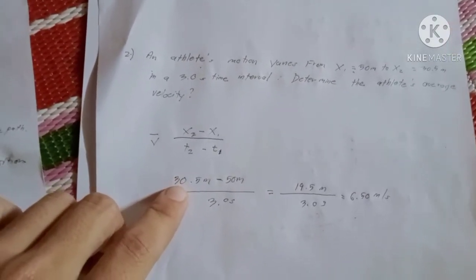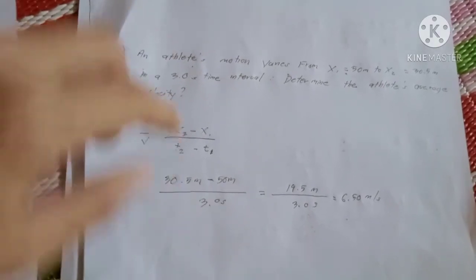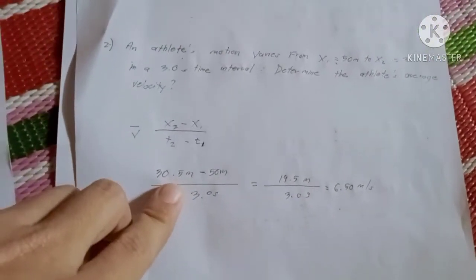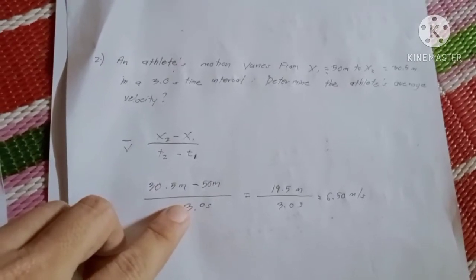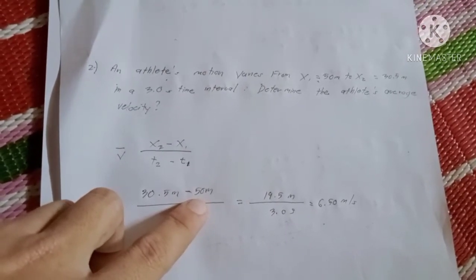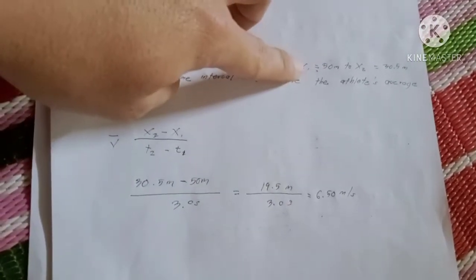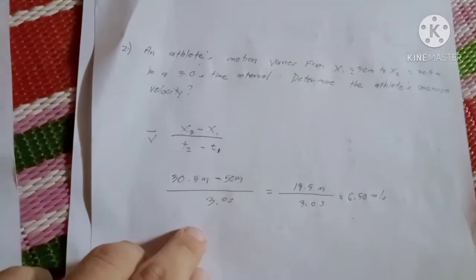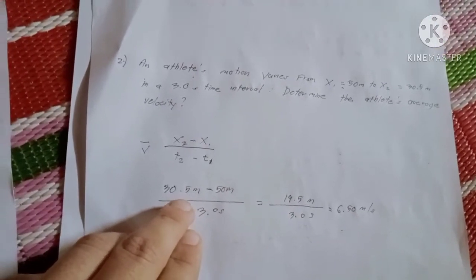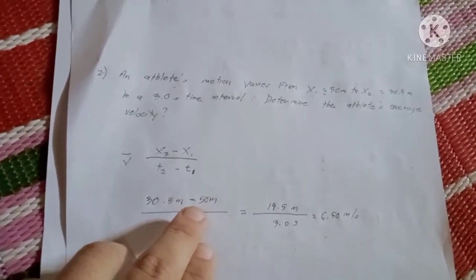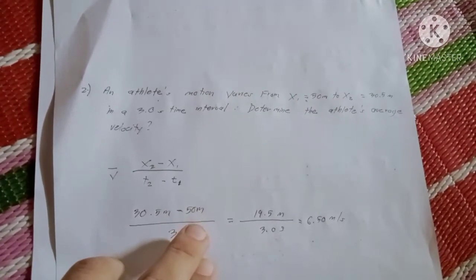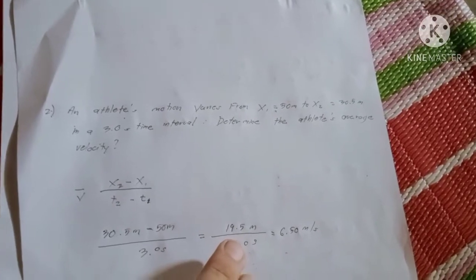In the numerator, we copy 30.5 meters, copy the sign, and then 50 meters from the displacement 1, and then we proceed to the subtraction. 30.5 meters subtract 50 meters equals 19.5 meters.